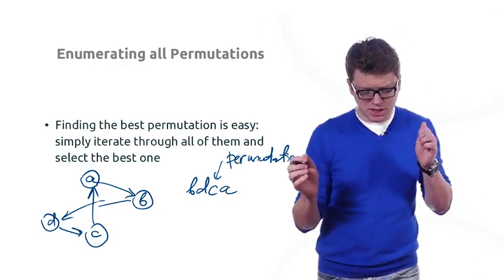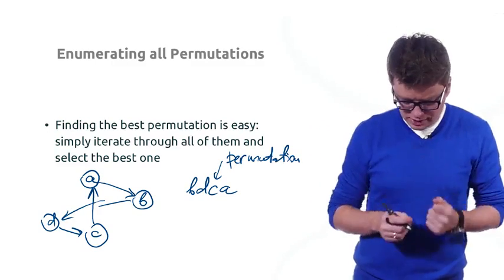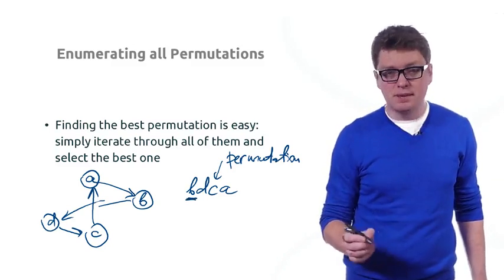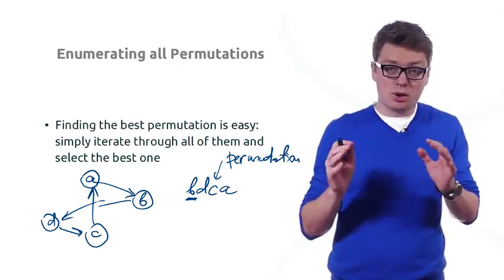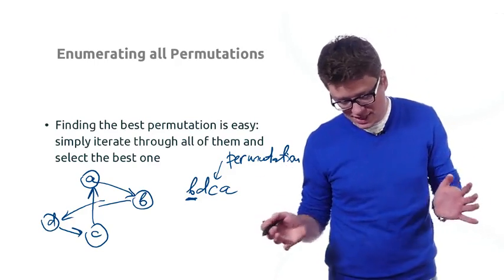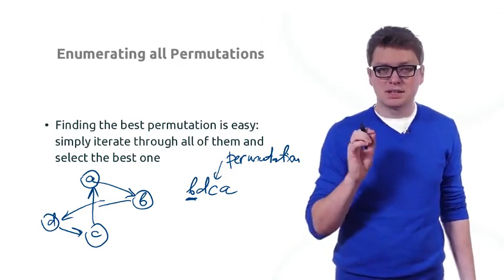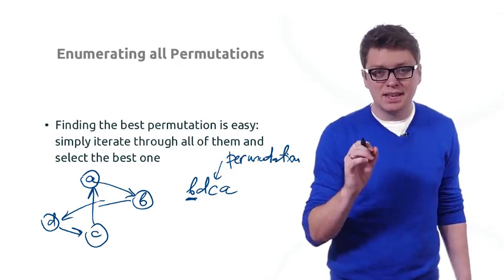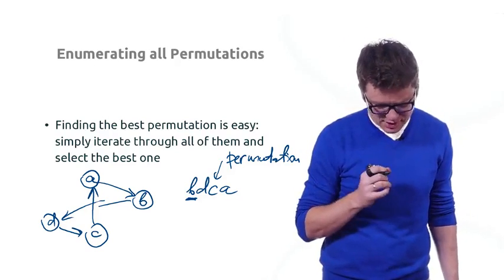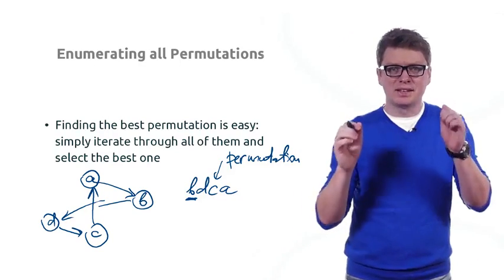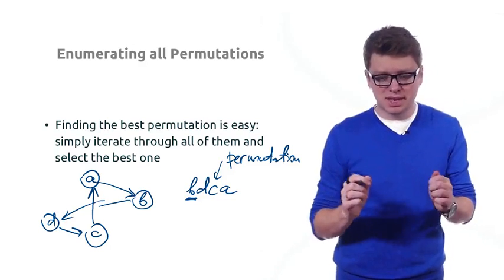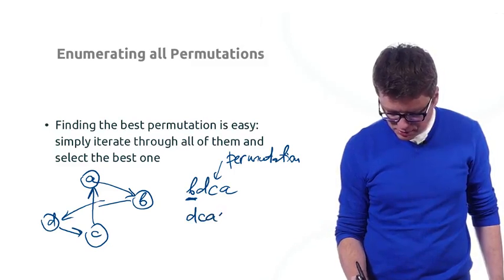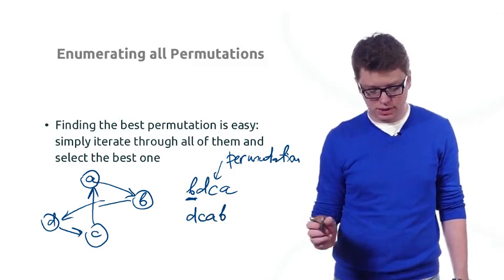At the same time, this correspondence is not one-to-one. Namely, in our permutation there is a first element, of course B, while in a cycle there is no first element, right? So this actually means that for one cycle there are n different permutations, where n is the number of nodes. Namely, there are n different permutations which give the same cycle. So, for example, the permutation DCAB also gives rise to the cycle shown here on the slide.